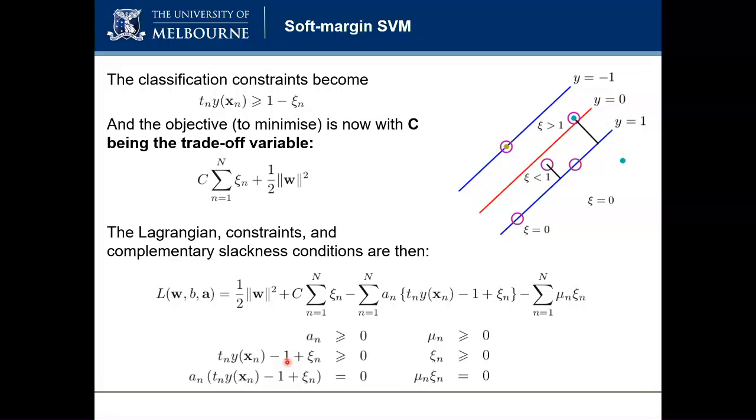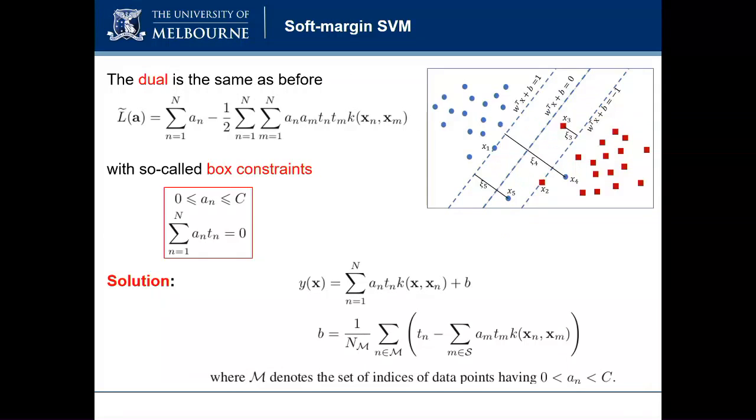So actually, I want to go through this in a bit more detail because I realized I haven't done the dual of this. How do you get the dual? Because we usually get the dual and work with the dual. So the dual is the same as before, and then we end up with box constraints. The difference is, in the previous case, the dual problem, the a's are the same. We have the kernel, we have the labels, in this case t's, and previously we had the same constraint, the sum of a_n t_n becomes 0.